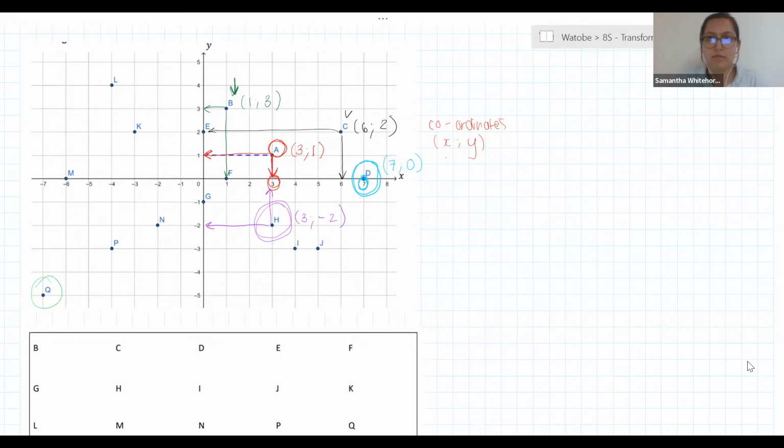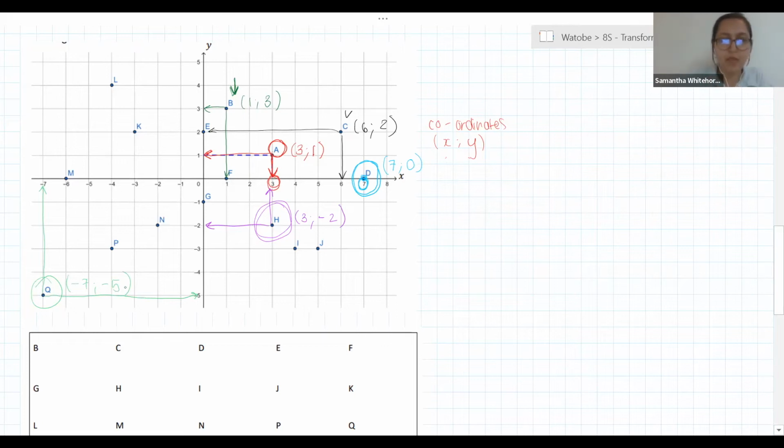Ma'am, it's -5, -7. Okay, which one should come first, the -5 or the -7? The -7 first. Good, then well done. -7, -5. Good, so we read off the X first, which is -7, and then we read off the Y, which is -5. Excellent, thank you, well done.